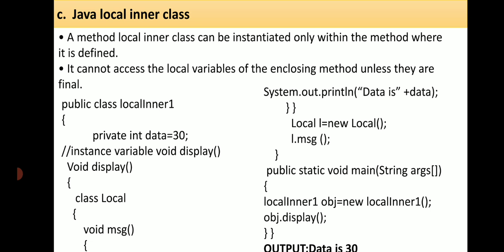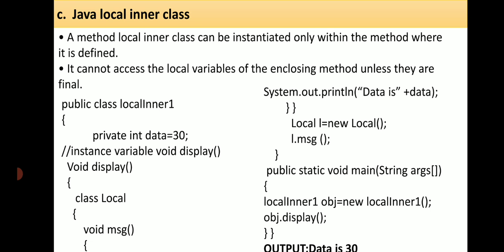Within the method we have to create an object of the local class, like Local l = new Local. Using this object we call the method of the local class, like l.message. Is it clear? Then we close the method of the outer class. Then we have the main method, and we create an object of the outer class, obj.